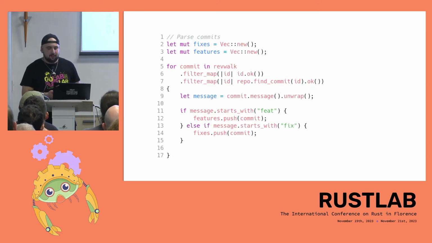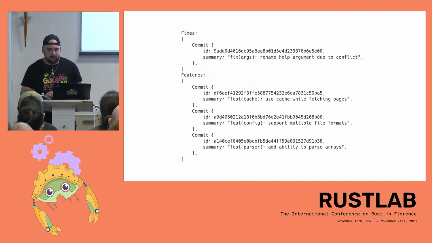So just to demonstrate, here I am creating two vectors for fixes and features and going through each commit in the repo, and then I'm taking the message of the commit, and if the message starts with feat, which is short for feature, I just push it to the features vector, and if it starts with fix, I just push it into the fixes. So it's very simple logic. At the end, it just creates two vectors populated with the commits. So this is the output.